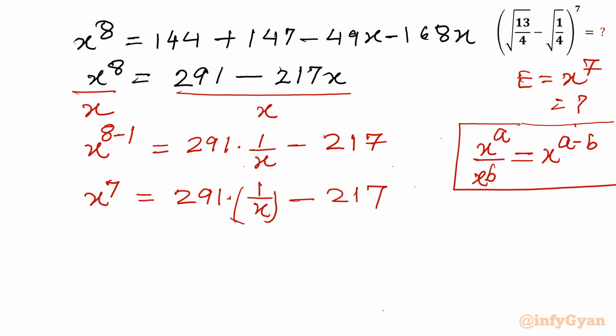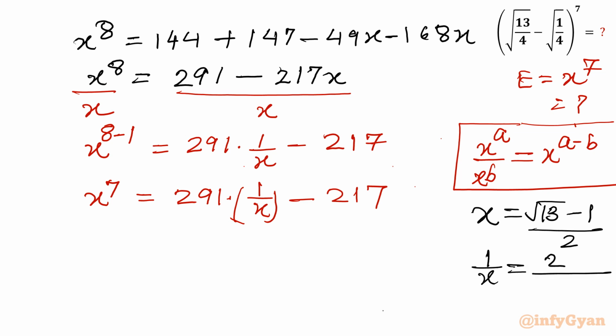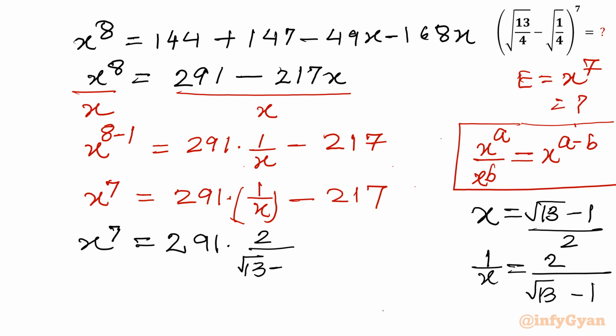Now x was our substitution. X was root 13 minus 1 divided by 2. So 1 over x will be 2 divided by root 13 minus 1. I will write x power 7 equal to 291 times 2 divided by root 13 minus 1, minus 217.